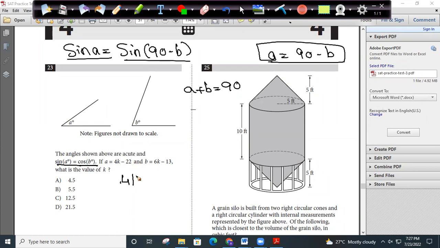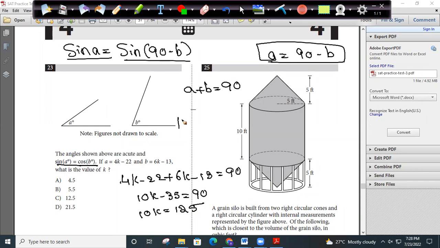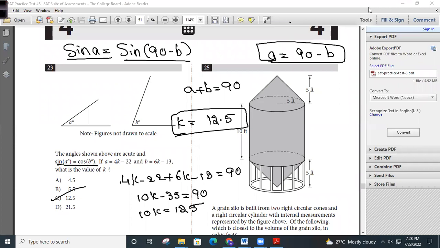So A is 4k minus 22, B is 6k minus 13, and the sum is 90. 10k minus 35 is 90. 10k is 125. K is 125 by 10, which is 12.5. So answer is C for Chennai should be my answer.